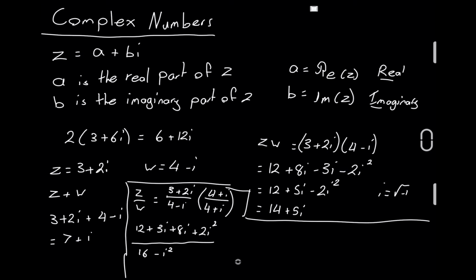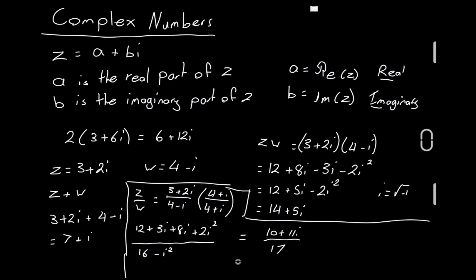Now, let's collect our terms together and fix the i squareds that we've got there. What this will become is 10 plus 11i divided by 17.